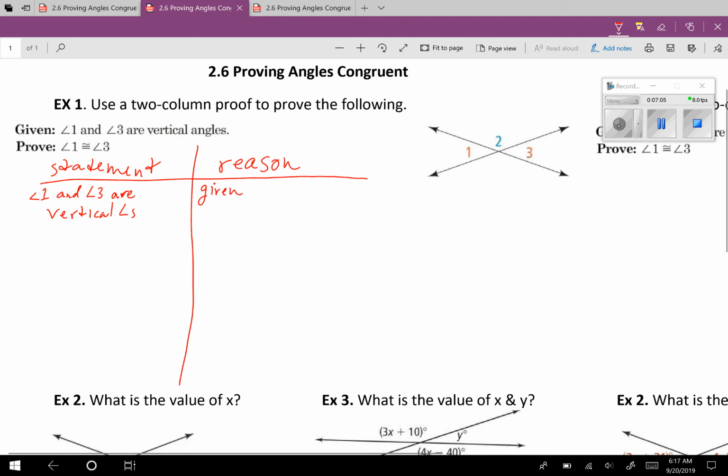Then we can say angle 1 and angle 2, and angle 2 and angle 3, are supplementary.